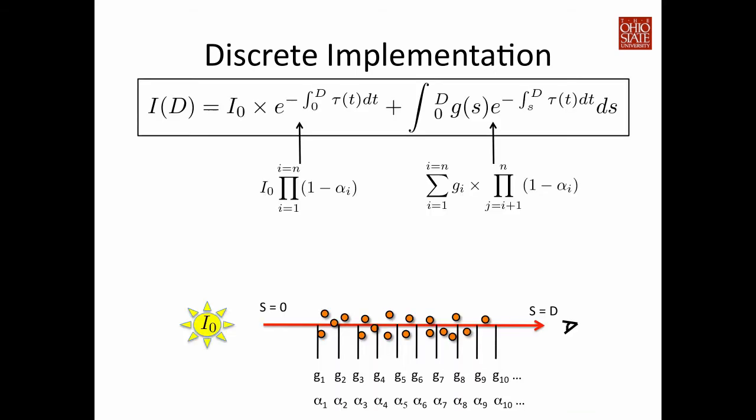So then let's go back to this volume rendering equation. The first term is absorption of the background light. The second term is the emission from the particles. And each particle's contribution is going to go through exponential decay due to the particles that are located in front of it. So we can now replace this integral in the first term and also the second term by a sequence of multiplications.